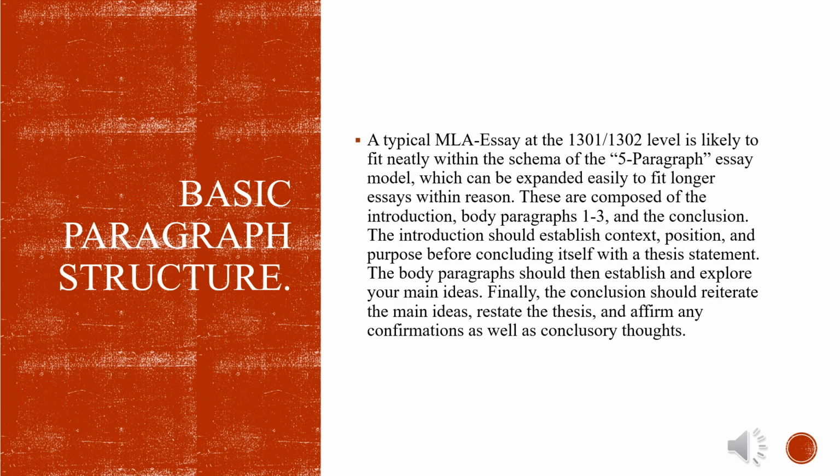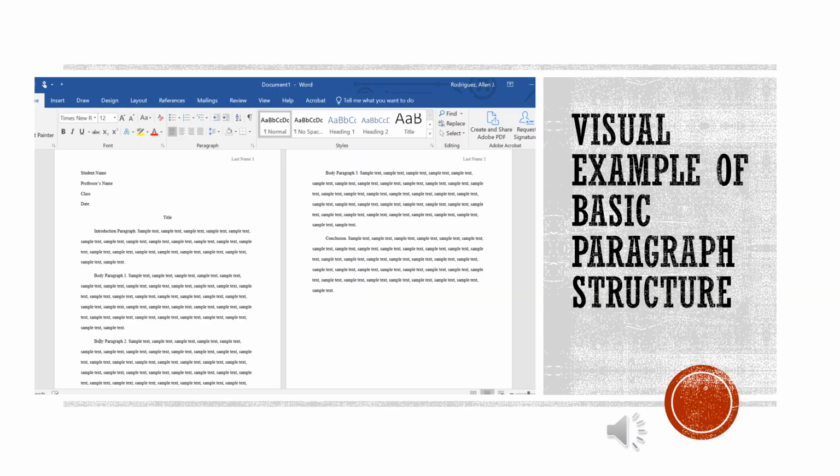The introduction should establish context, position, and purpose before concluding itself with a thesis statement. The body paragraph should then establish and explore your main ideas. Finally, the conclusion should reiterate the main ideas, restate the thesis, and affirm any confirmations as well as conclusory thoughts. Here is a visual example of basic paragraph structure.